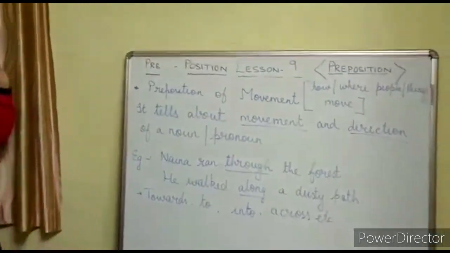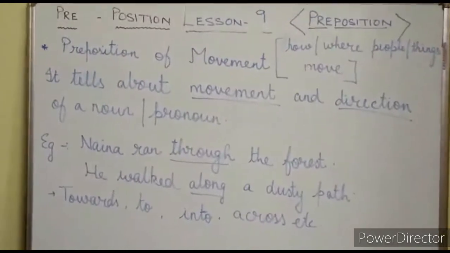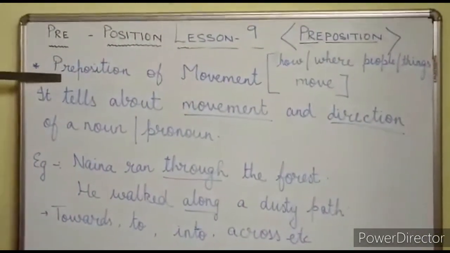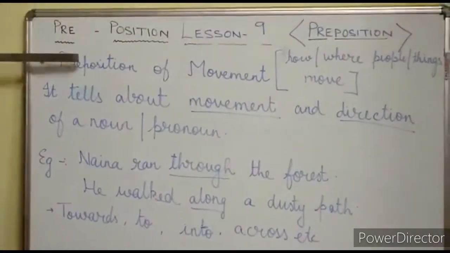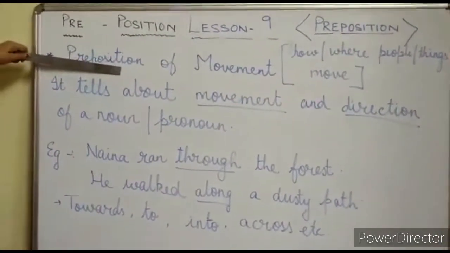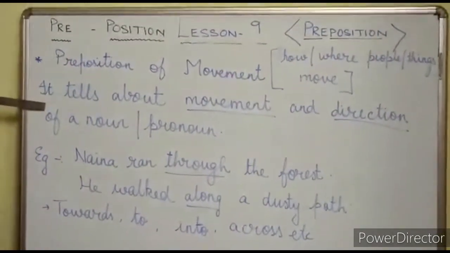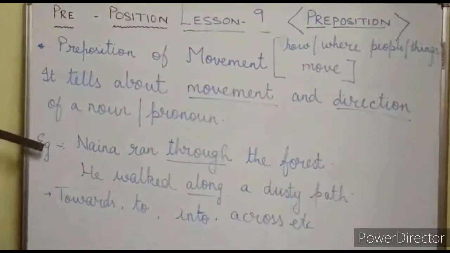Now again have a look at the board carefully. The last topic is preposition of movement. It tells us how people or things move or where people or things move. Definition: it tells about movement and direction of a noun or a pronoun.